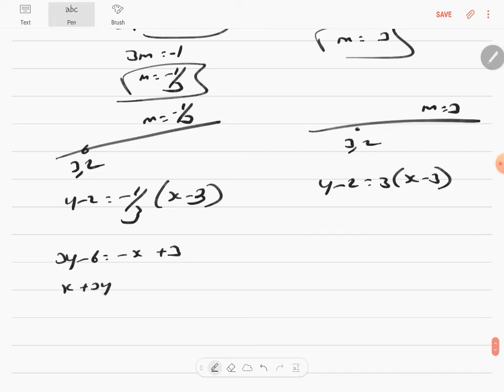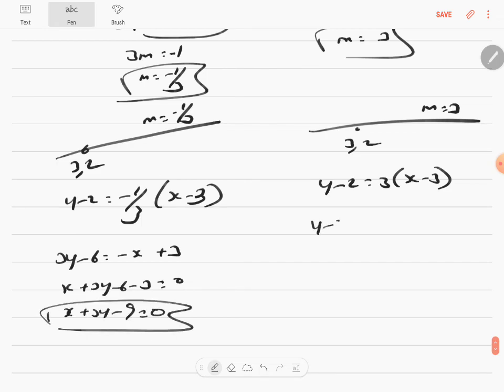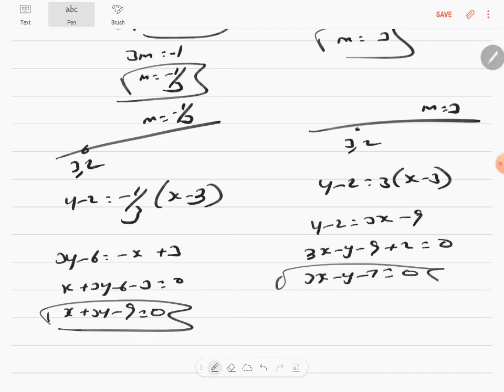So x plus 3y minus 6 minus 3 is equal to 0, x plus 3y minus 9 is equal to 0, is the equation of one line. And y minus 2 is equal to 3x minus 9, so 3x minus y minus 9 plus 2 is equal to 0. 3x minus y minus 7 is equal to 0 will be another equation of the line.